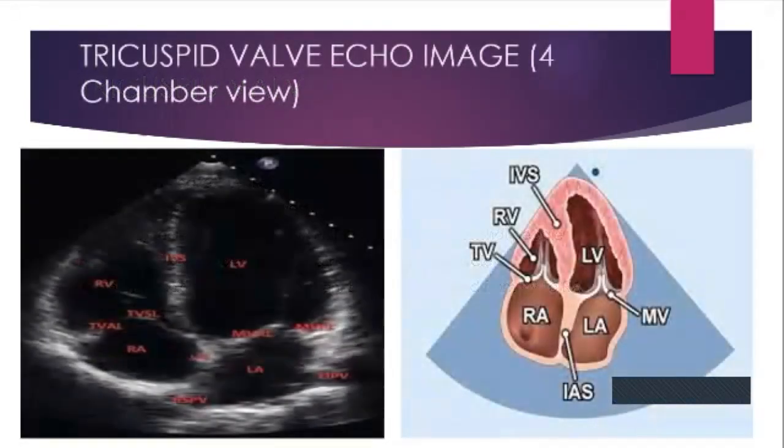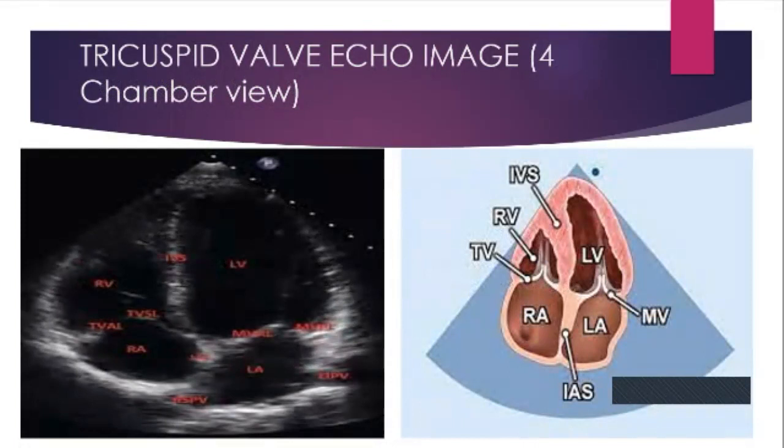The tricuspid valve, how it looks in a four-chamber view: the four-chamber view is the best for visualizing the mitral valve, and again you use it to visualize the tricuspid valve.